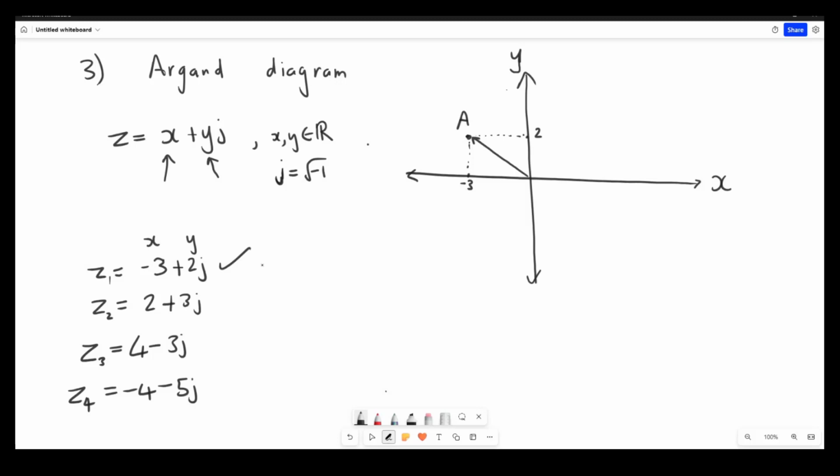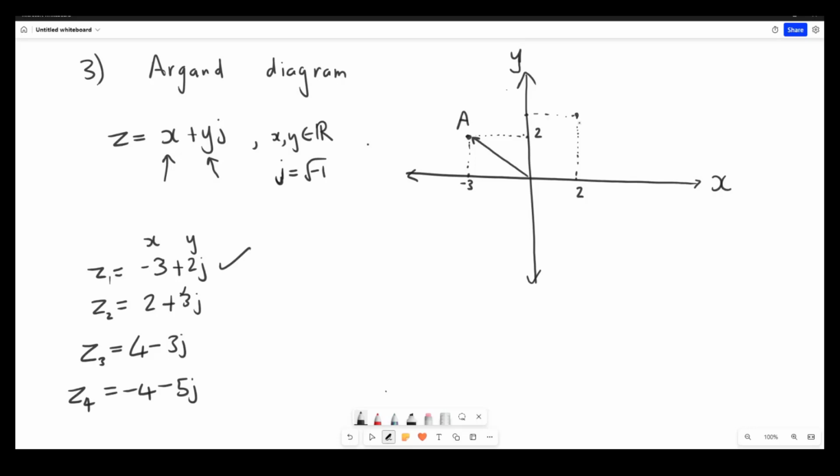Right? And then let's consider Z2. For Z2, X is positive, it's 2. The real part is positive. Also, the imaginary part 3 is positive, somewhere there. And then I can just interpolate and look where my complex number is now.